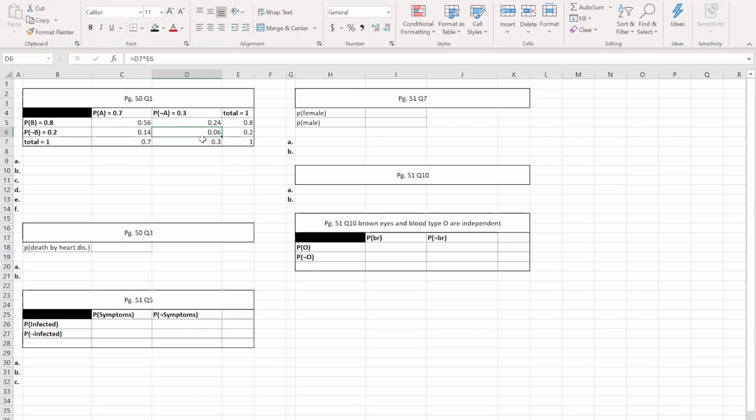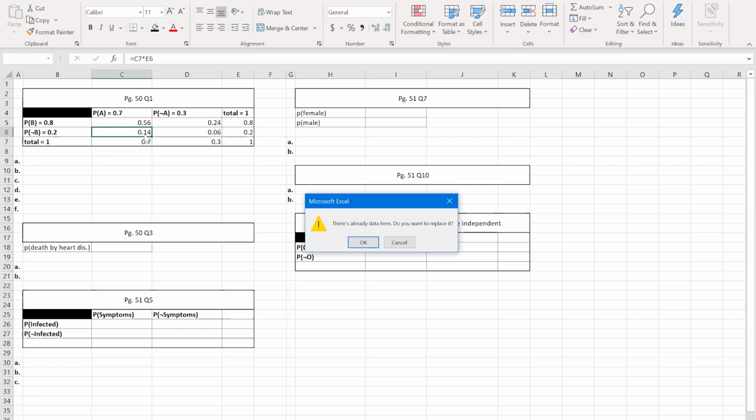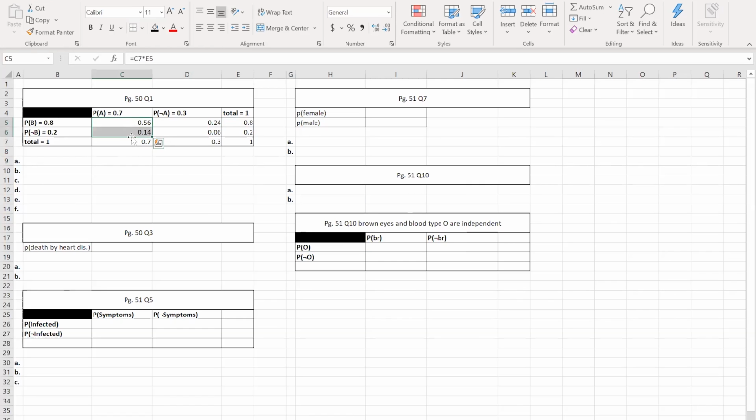This plus this equals this. This plus this equals this. This plus this equals this. That should always be true, even if the multiplicative rule doesn't apply because A and B are not independent and this times this does not equal this. You should always have these summing together and equaling up.